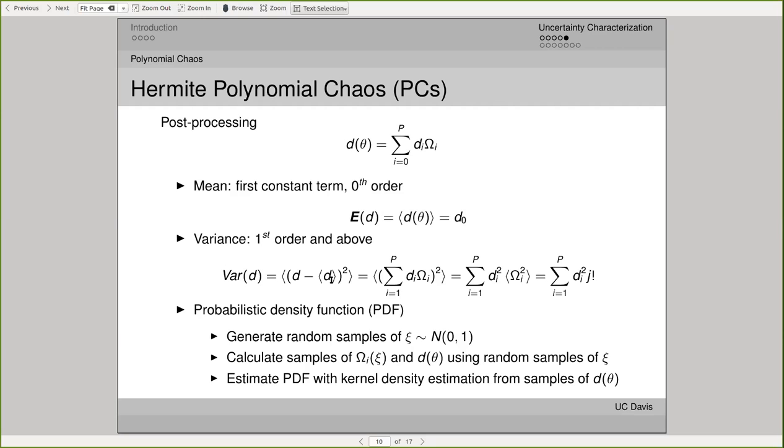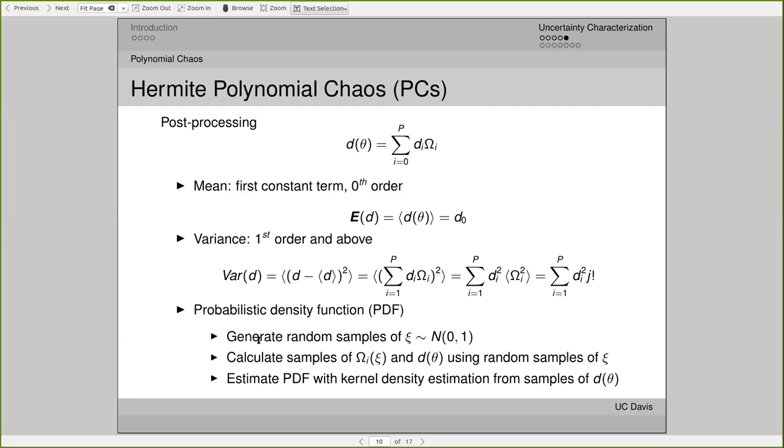By the definition of the variance, it ends up as a summation of all these Hermite polynomial chaos coefficients squared times the factorial of j, summed from the first order and above. So the first term contributes to the mean, and the first order and above polynomial chaos contribute to the variance of the random variable.